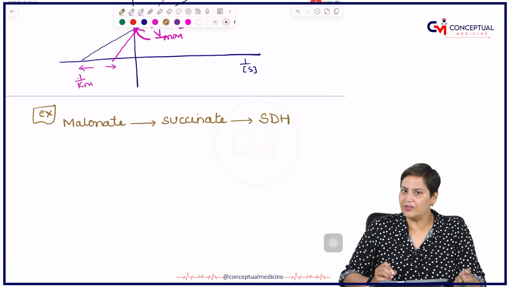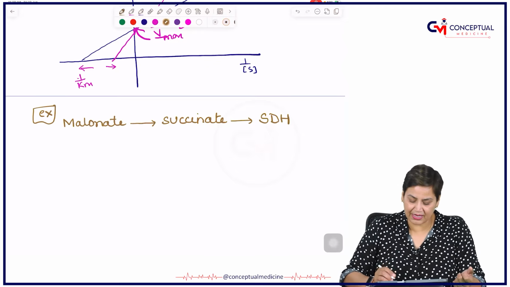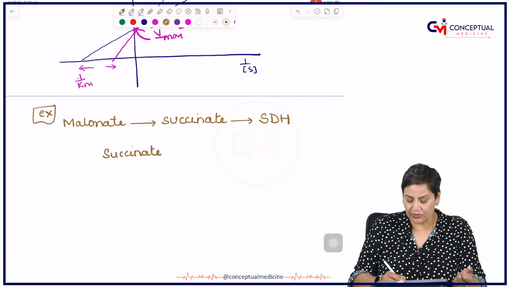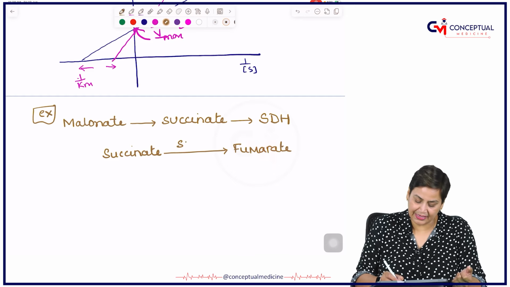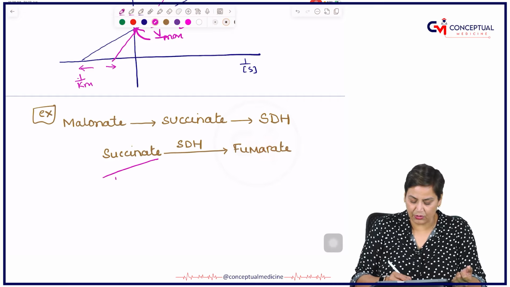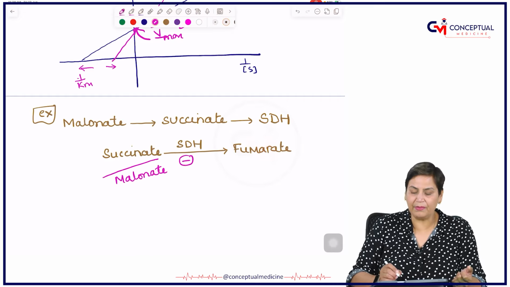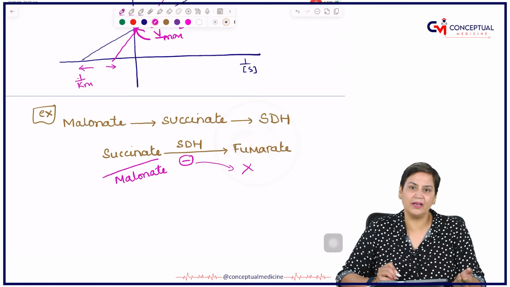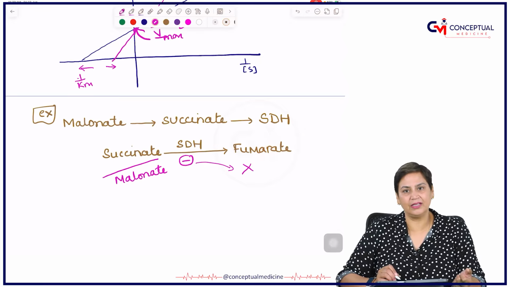Now this is a reaction of the TCA cycle. We all are familiar with this reaction. Basically, we know that succinic acid or succinate is converted to fumarate, and the enzyme is SDH. Now what is the inhibitor here? The inhibitor is malonate. So malonate is going to compete with succinate at SDH. So when malonate is there, no fumarate will be formed. So this is one very important example.